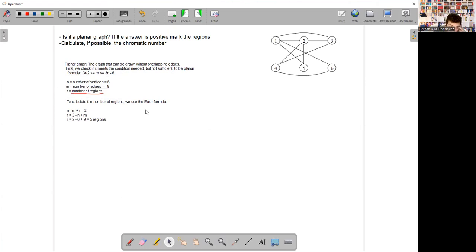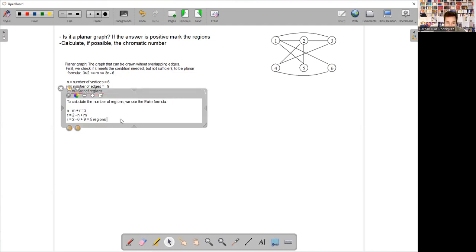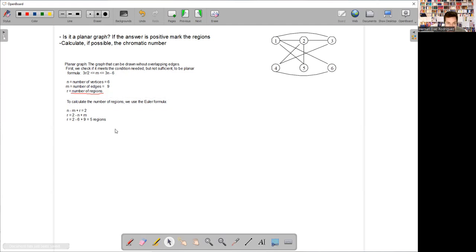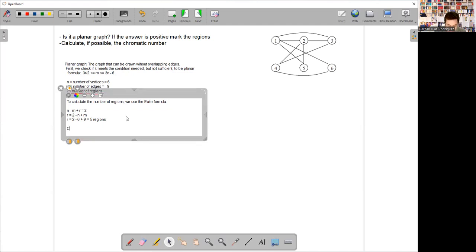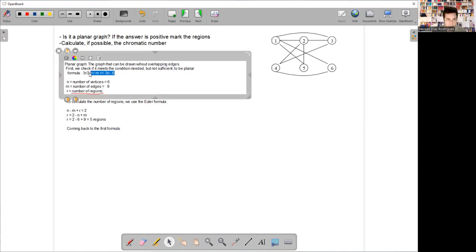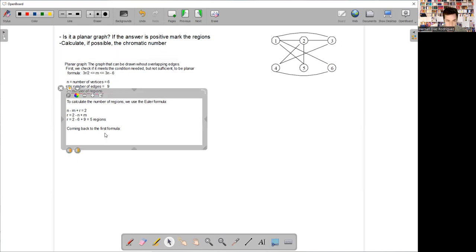Okay, so coming back to the first formula, which was something like this. We just need to write the values of the variables.